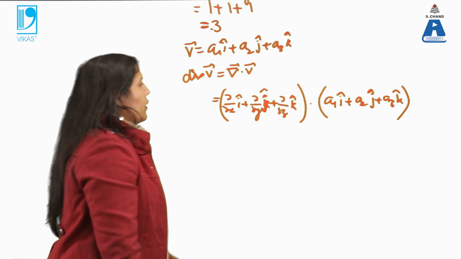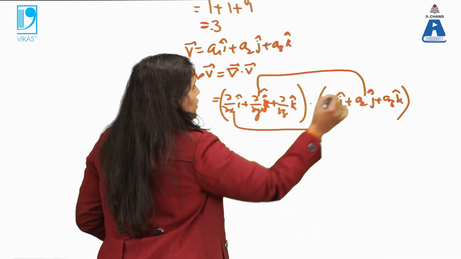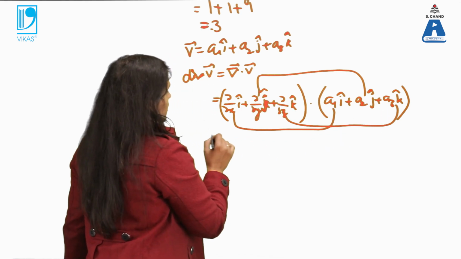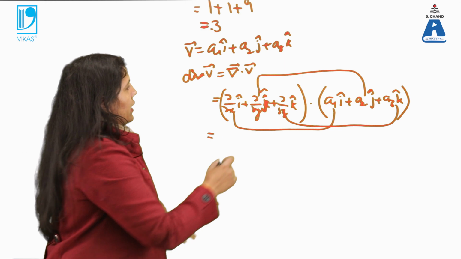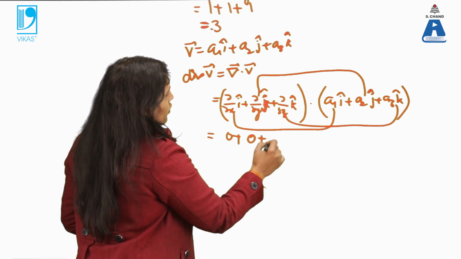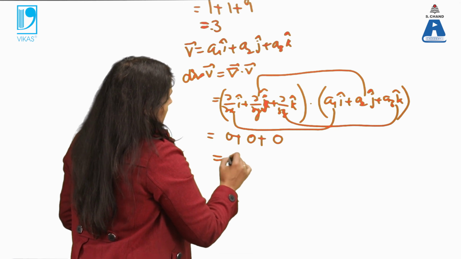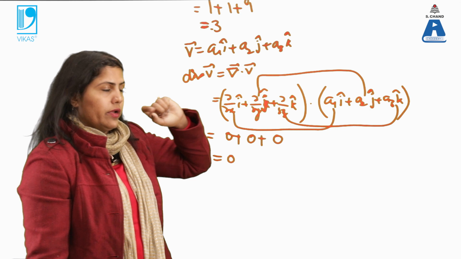Now you see, when you are taking the dot product, it means this will operate on this, this will operate on this, and this will operate on this, because del is a differential operator. So del by del x of A1 will be 0, del by del y of A2 is 0, and then again 0. It means there is no flow at that particular point for the constant vector.